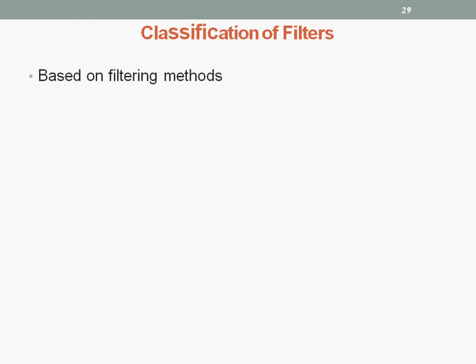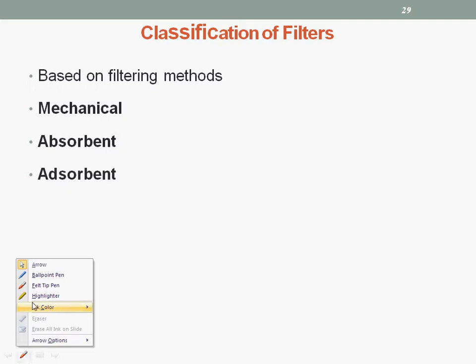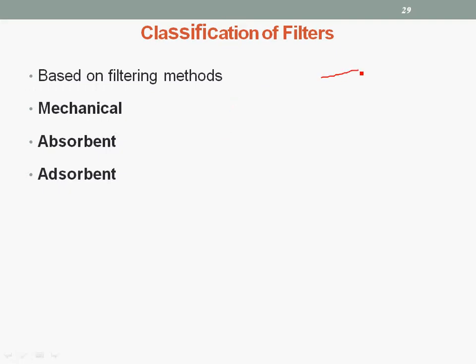The classification of filters is done based on the amount of oil filtered as well as the filtering method. Based on the filtering method, we have mechanical, absorbent, and lastly adsorbent. In mechanical filtration, we have a number of horizontal wires as well as vertical wires.